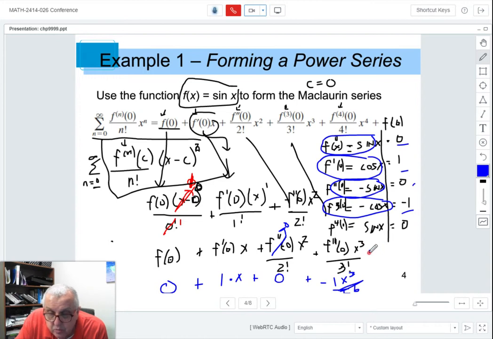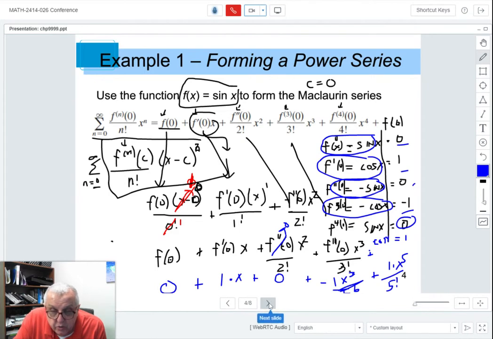I should have done one more, but the next one, the fourth, would be 0, because we had a 0 here. Then the fifth would be positive. The f fifth derivative would have been cosine x, which would have been a positive 1. So the fourth would be 0, but then the fifth would be a positive 1, and the term would be 1 times x to the 5 over 5 factorial.